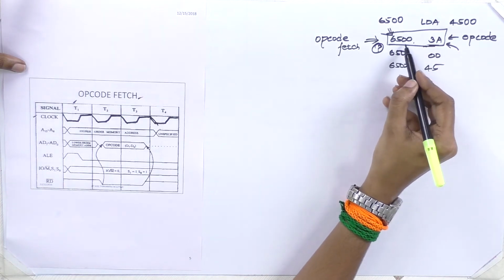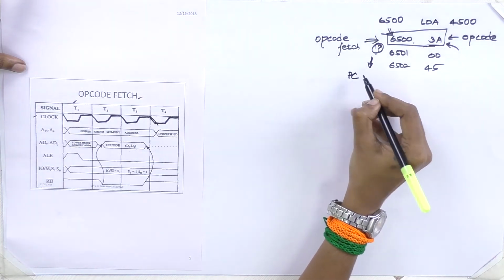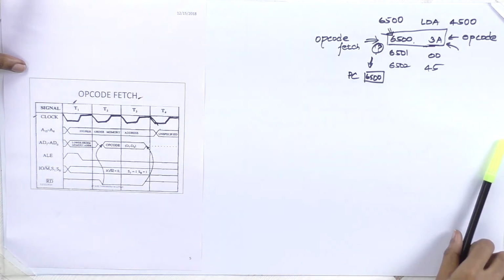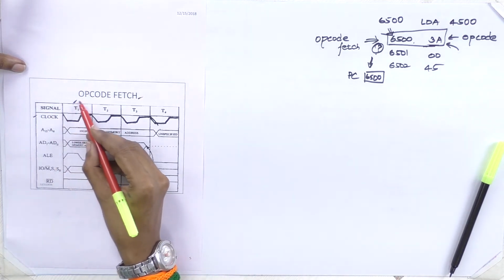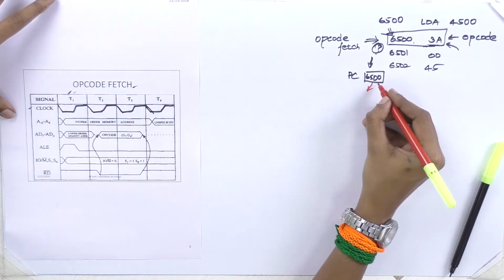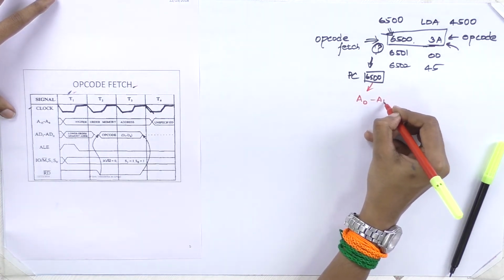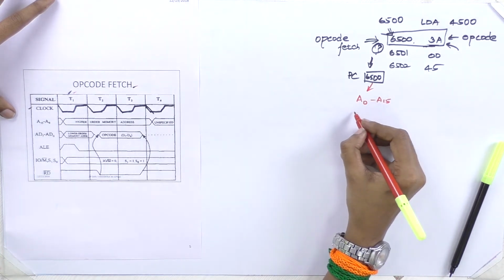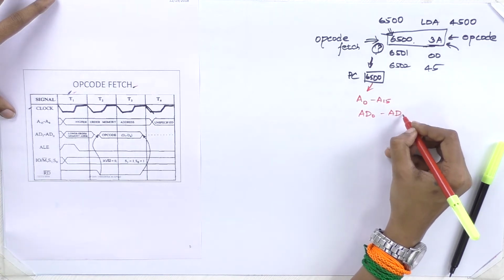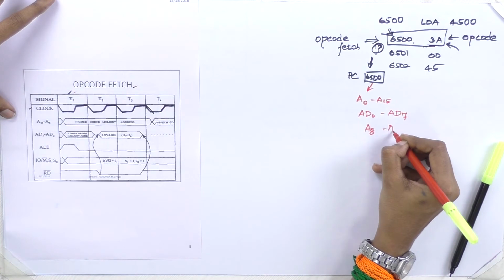Where will you get this instruction address? You will get it from the program counter. The program counter will have this address. So at the first T state, you have to get this address and place it on A0 to A15. In the 8085 processor, the lower byte of data and address are multiplexed and the higher byte remains the same.